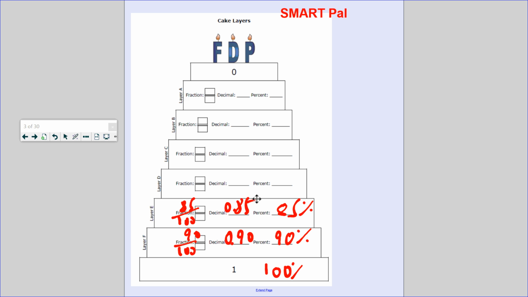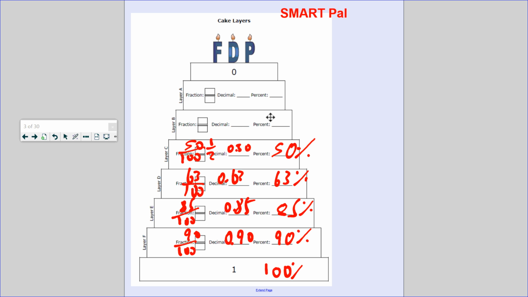What about 63%? Well, that would be 63 hundredths, 63%. Do you know another one? What about 50%? That would be 50 hundredths. But do you know what that simplifies to? 1/2.